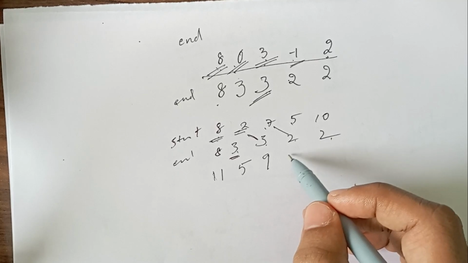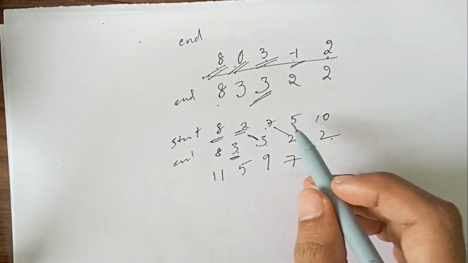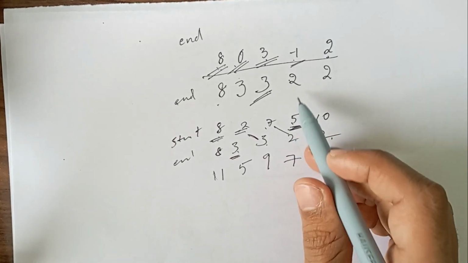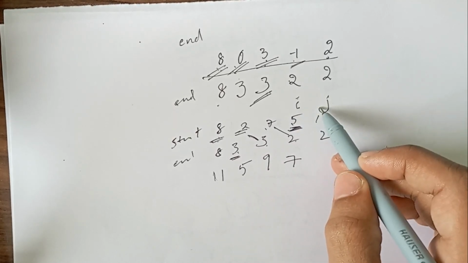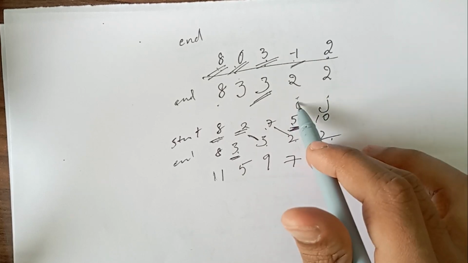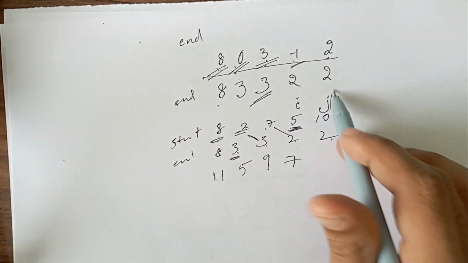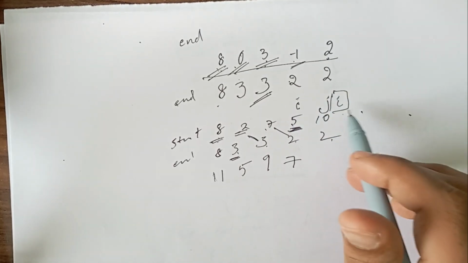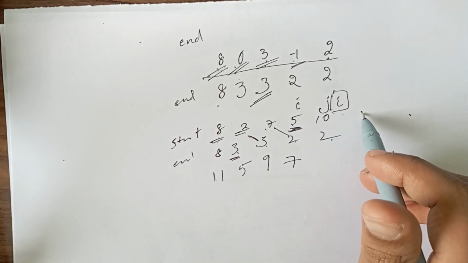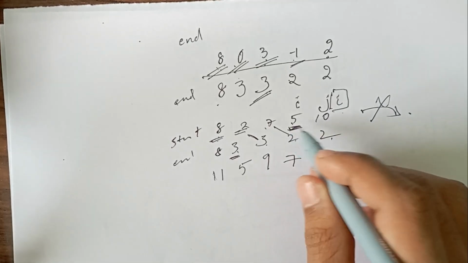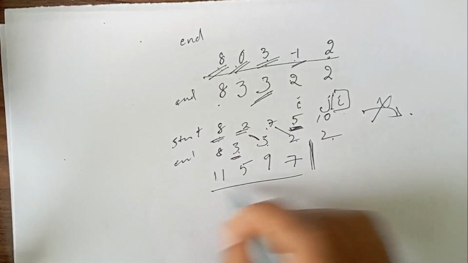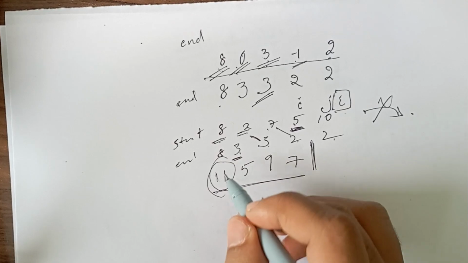And 5 plus 2, it is 7. As I said, we'll be coming to i, and this will be the next one. So, if you come to here, there will be no j which is greater than i. So we'll be going out of bounds. So we'll be stopping here, and the maximum till here will be 11.